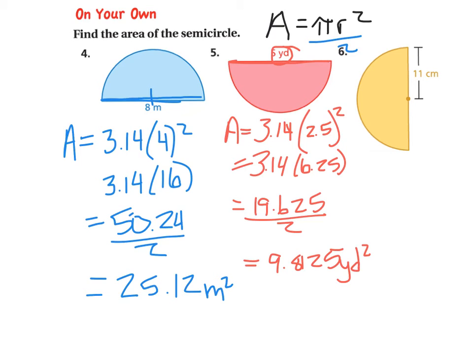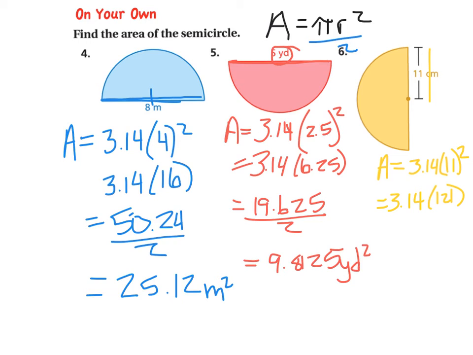All right, and the last one. So we have area equals pi, 3.14, times the radius, and look here, they actually gave you the radius, 11 squared. Okay, so 11 squared would be 11 times 11, which is 121.